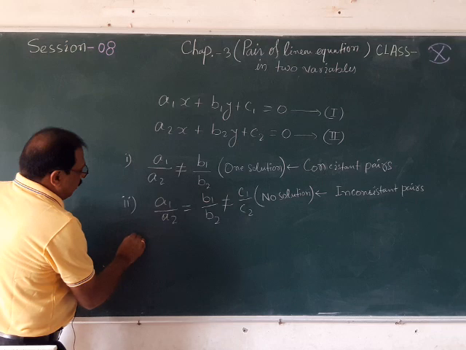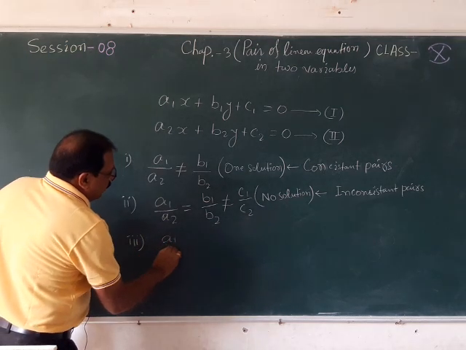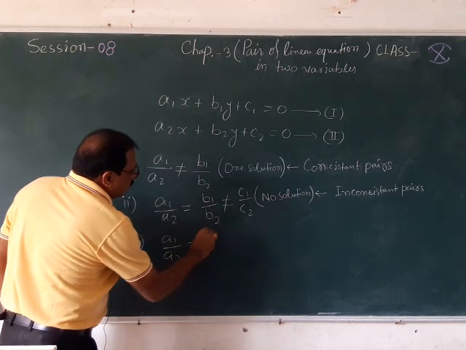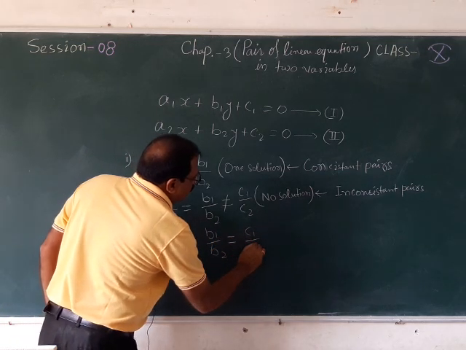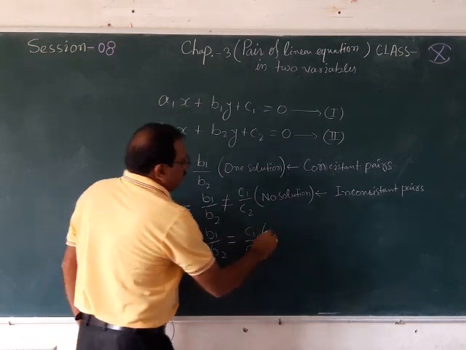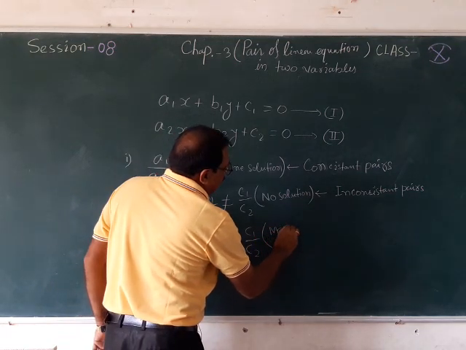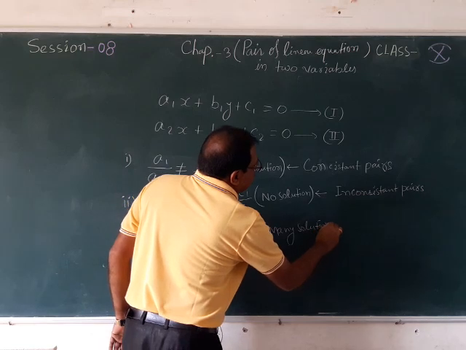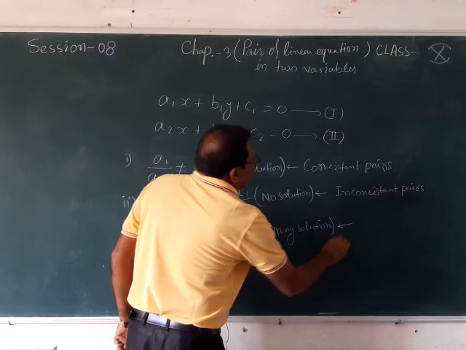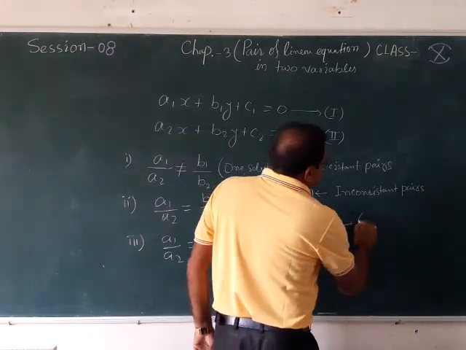And the third case, when you are having a1 by a2 equal to b1 by b2 and it is also equal to c1 by c2, then you are having many solutions. And in this case the pair of linear equations is consistent.